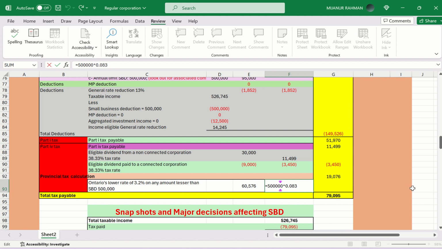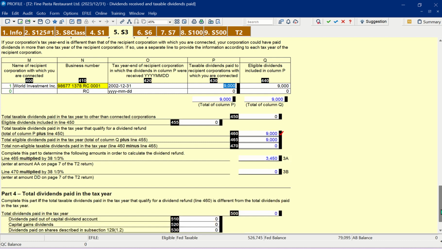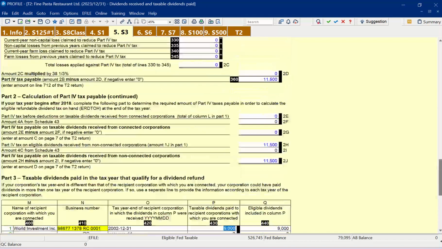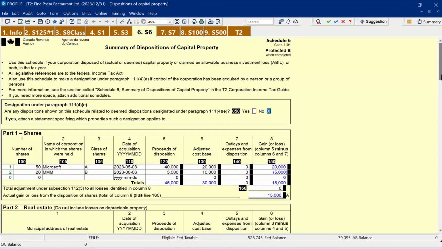You could do it the other way around as well, and then this is the difference of these two. Okay, that's $19,076. That's what the Ontario government gets. Okay, and that's it. Nothing on the Schedule 6.